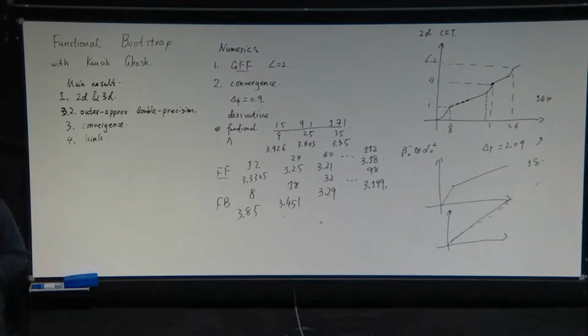In the first 3D Ising paper in 2012, where the island was discovered, it was done using double precision, no big deal. In the 2014 paper, within the C minimization paper, it was the first paper where multiple precision was used.